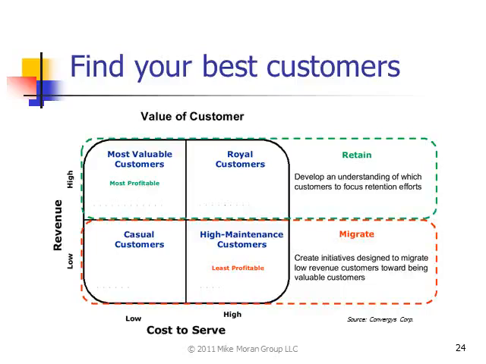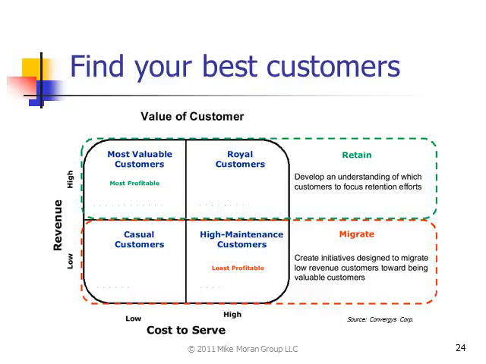In this chart, you can see graphed into 4 quadrants where you've got revenue that goes from low to high, and the cost of serving that customer goes from low to high. So what does that tell you?